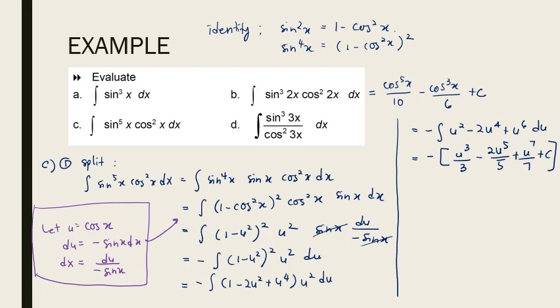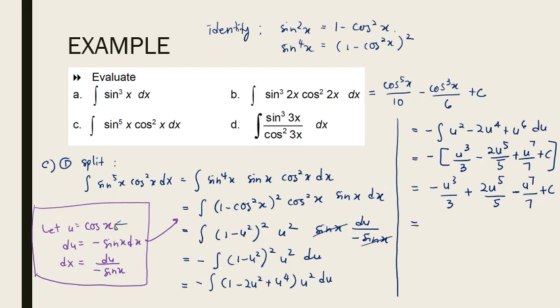Then bring the negative into the bracket. So negative u cube over 3 plus 2u power of 5 over 5 minus u power of 7 over 7 plus c. Then substitute back the substitution of u.